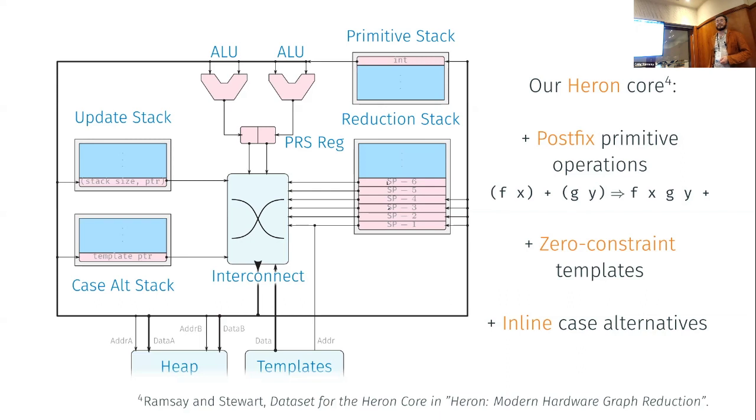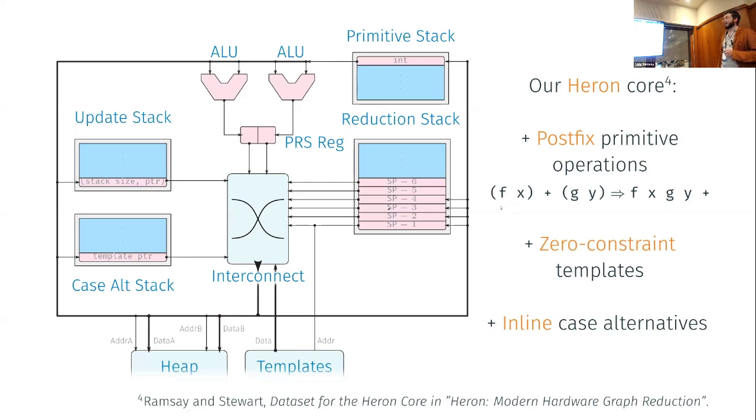But it's not always very easy for us to map the user's program to actually make use of particularly wide stacks. Often it's all quite narrow spinal applications we're working with. So a little trick to try and improve the utilization is moving primitive operations into postfix.